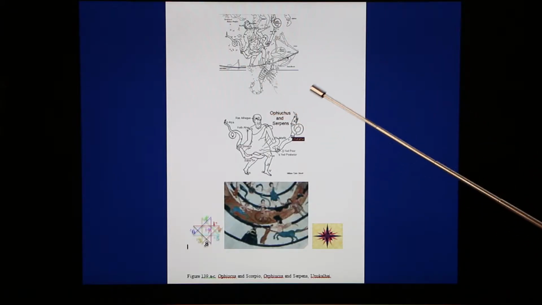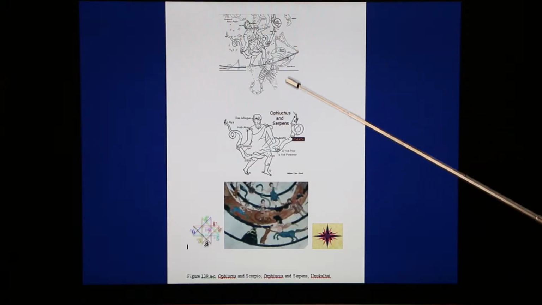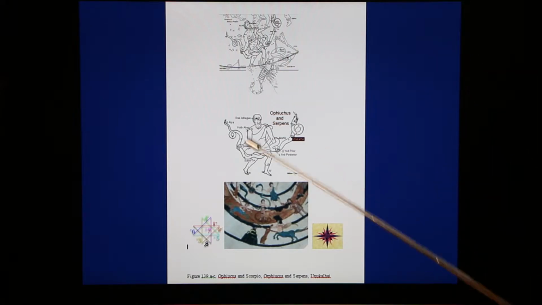And one of the great figures of the sky, besides Kartika, or Christ who acts as the savior, is a figure called Ophiuchus, who, I've forgotten his name now, but he is also in the Indian traditions, but he fights the Scorpio, and he fights this big snake.